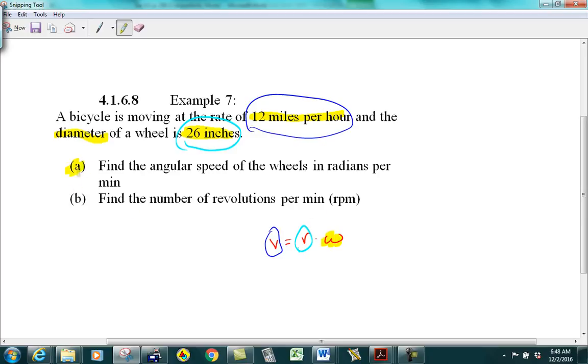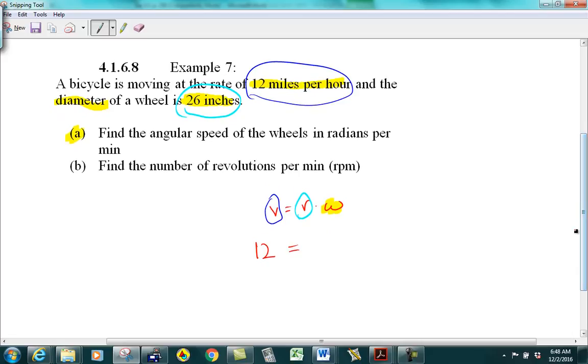And so let's go do this problem. We know that v is equal to 12 miles per hour. So we're going to play around with the units, and we shall do that in a minute. Times r, and r is 13, times omega. Well, the units are not quite right. This is in miles per hour, and this is in inches. So we need to go from miles to inches.